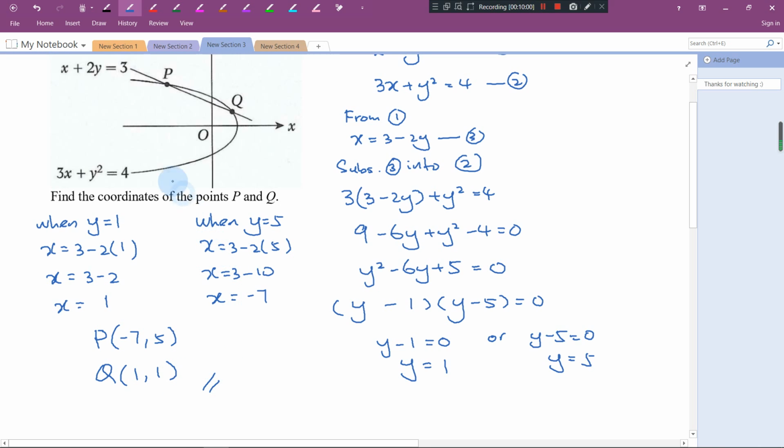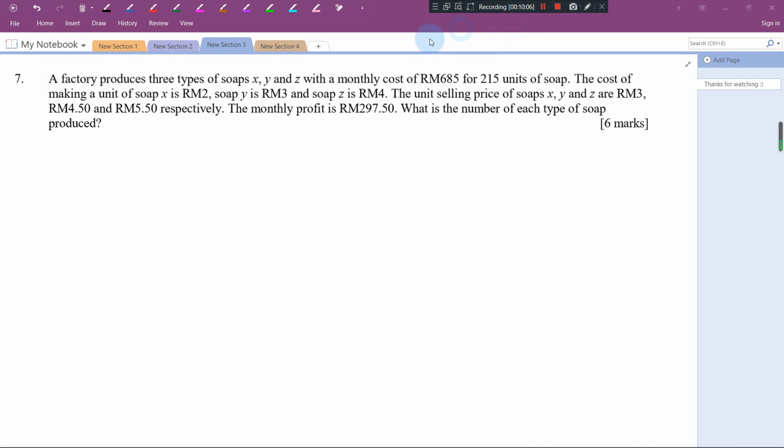Okay, so this is the way we get the intersection point between a straight line and a curve. Okay, let's try one more question. This is the last question for this video. A factory produces three types of soaps: X, Y, and Z, with a monthly cost of 685 ringgit for 215 units of soap.